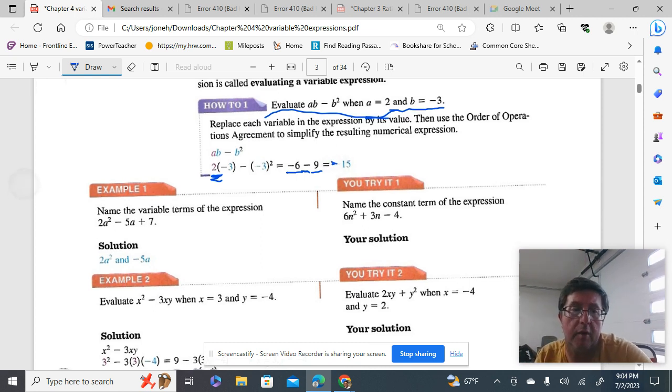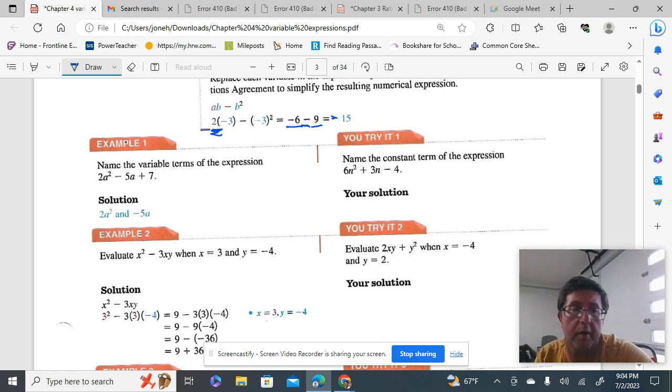Okay, so we're going to go down to example 1. Name the variable terms of each expression. Well, the variable term is a squared. So we're doing it off of a. We go 2a squared is our first variable term, minus 5a is our next one.